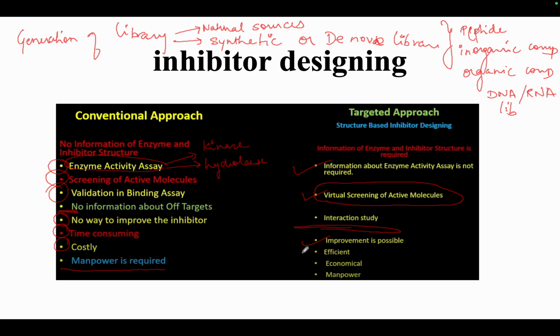It's quite efficient because we can do n number of screenings in this approach virtually, and it's economical. We don't use many reagents here unless we want to screen at the biochemical level.